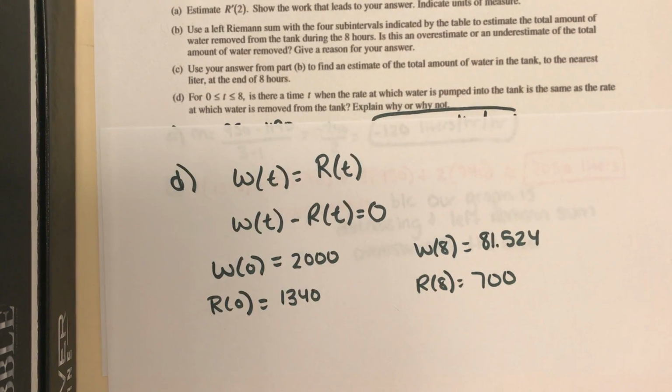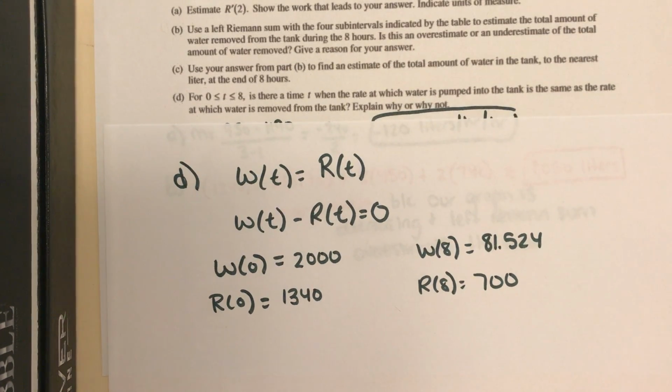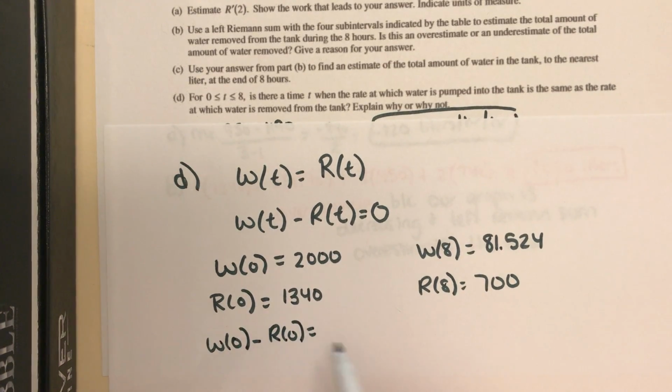Now, I know that we're setting these equal to each other, or if I subtract them, we're finding where they equal 0. So if I find W of 0 minus R of 0 over here, that gives me 2000 minus 1340, so 660.